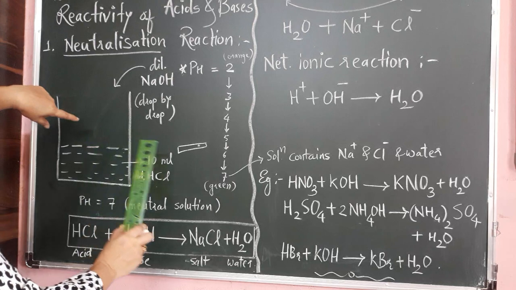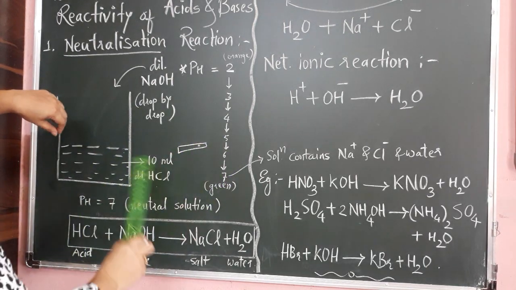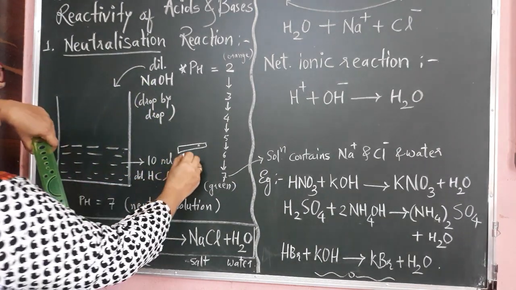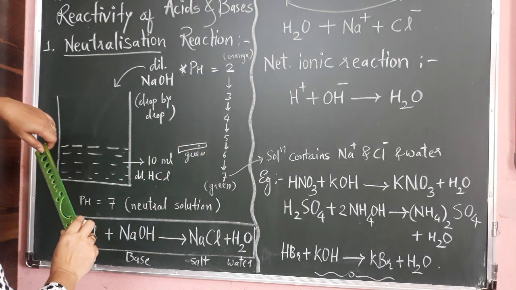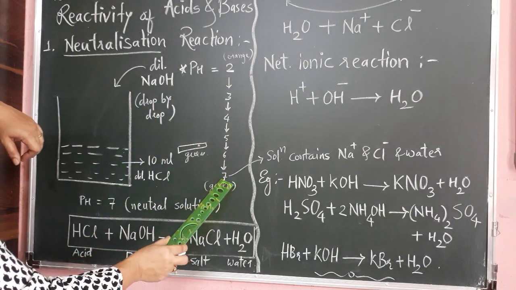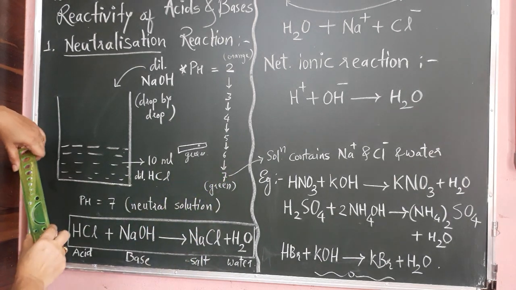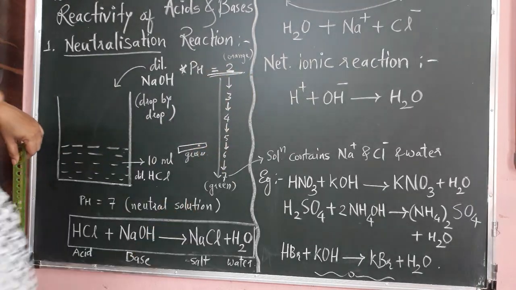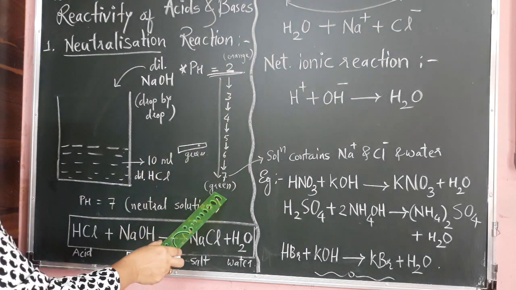From the change in the color we can know the pH. Ultimately the time will come when you will get green color on the pH paper, and that indicates that the pH of this solution has become 7, and we have studied that pH 7 means it is a neutral solution. That means the pH is increased from 2 to 7 and the acidic solution has become neutral.